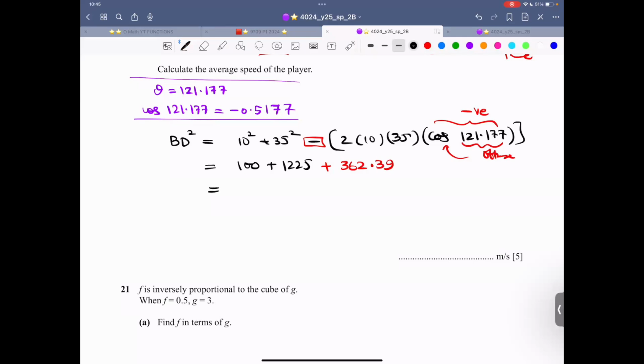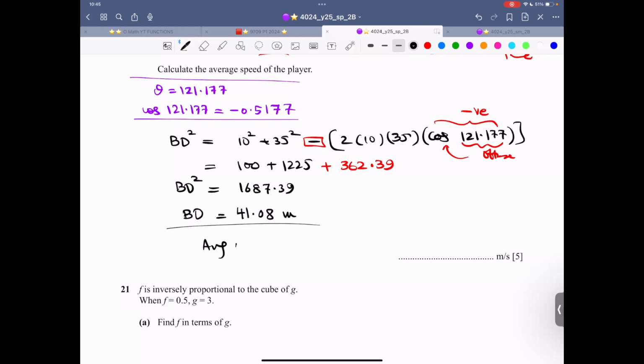Now add it all up: 362.39 plus 100 plus 1225 comes out to be 1687.39. That is BD squared. Therefore, BD, take the square root. To 4 significant figures, 41.08 meters.